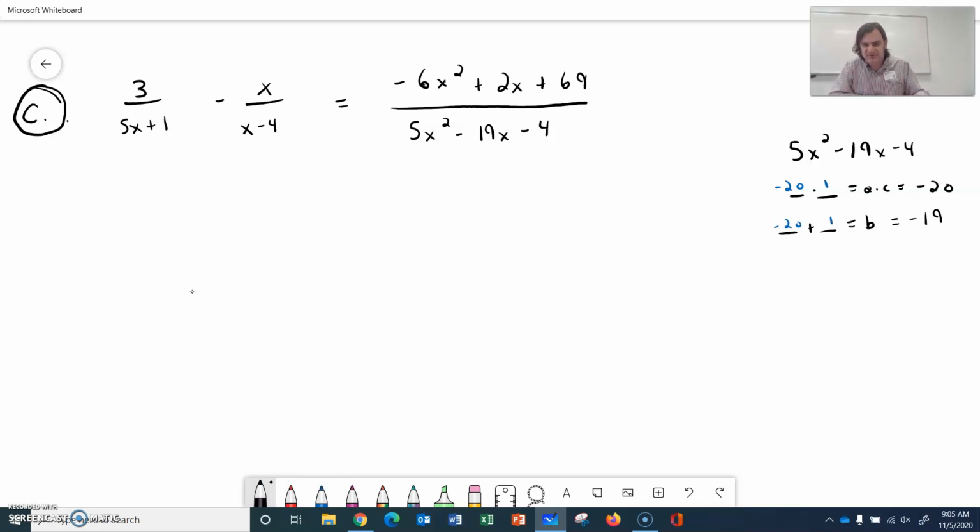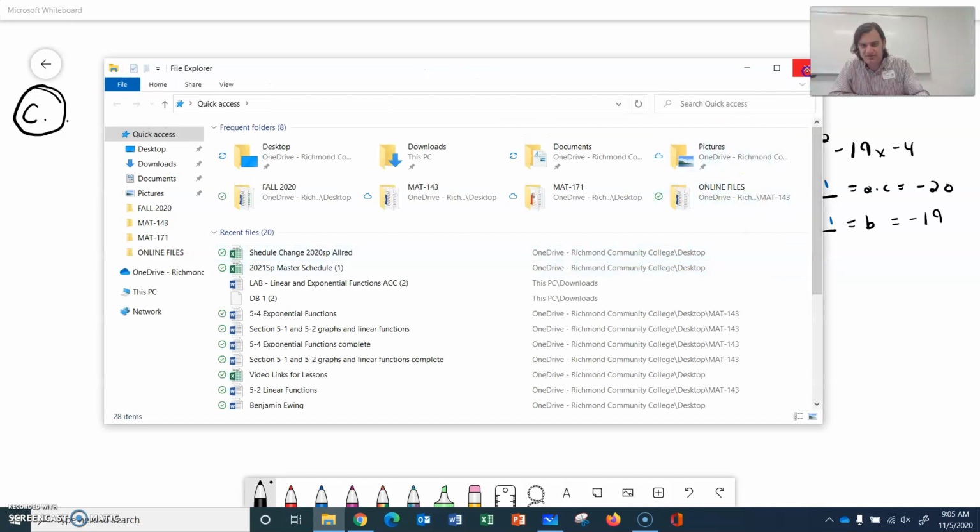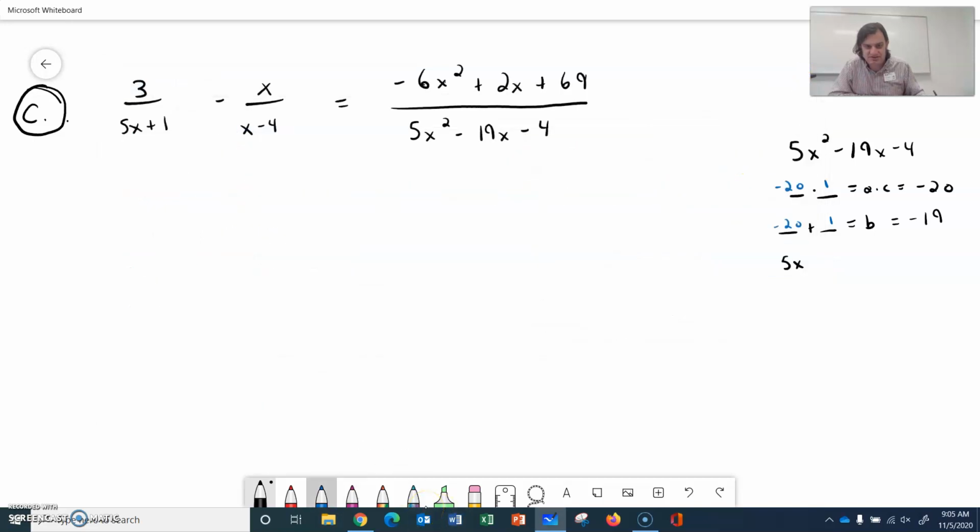So we will build our two factors: 5x minus 20 times 5x plus 1.